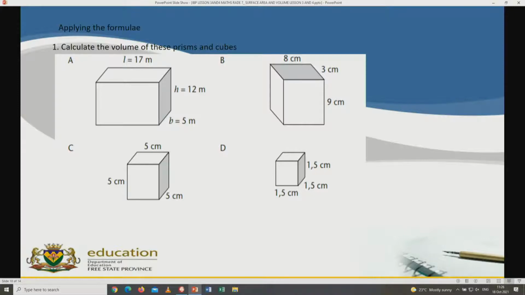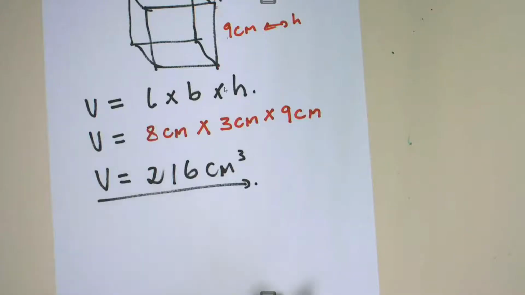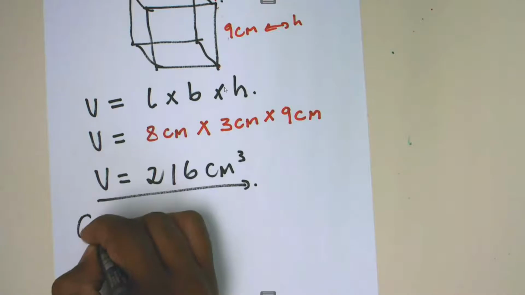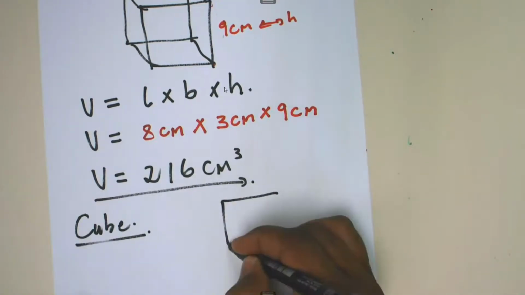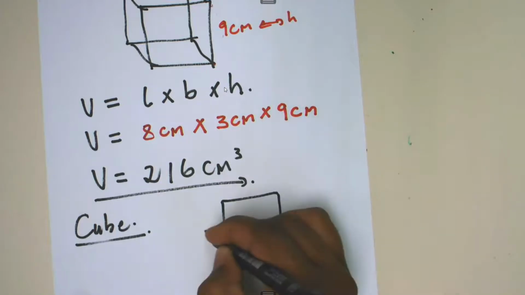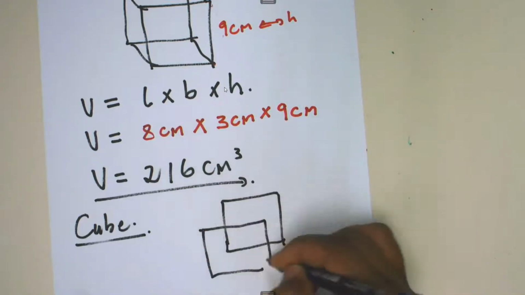Now, for C, the length is given as 5 centimeters, and then the length on the other side 5, and the third side 5. And therefore, remember what is it that we said about the cubes, because now here we are dealing with a cube. All the sides are of equal length.